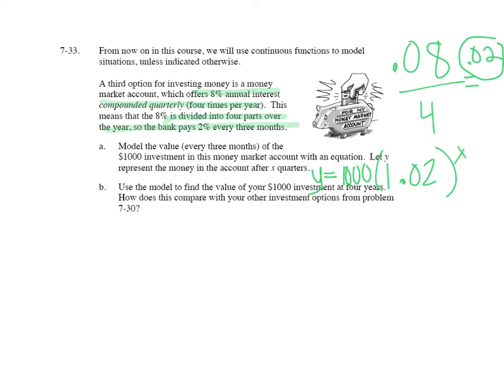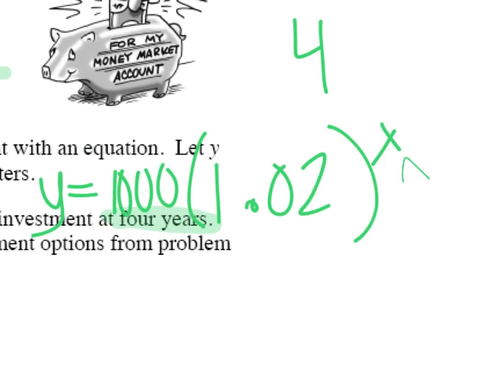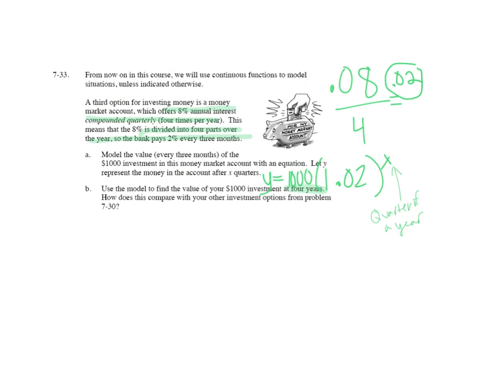If we want to find how much money they have in 4 years, we have to change how we think about this equation, because now the x exponent no longer means years. X is now measuring quarters of a year because it was quarterly interest.